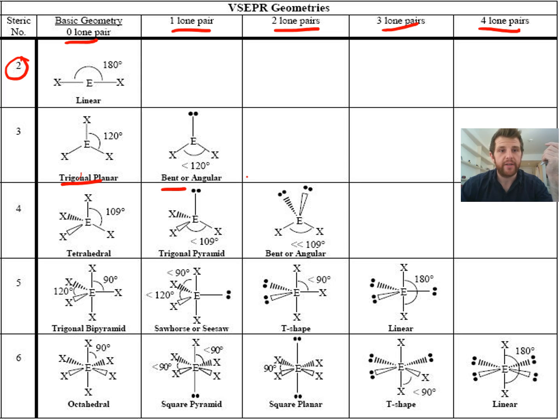There's not a whole lot to say about this, but rather this is talking about the number of bonds being made, and as the number of lone pairs increases, how those angles change between them, and also how those things bend.